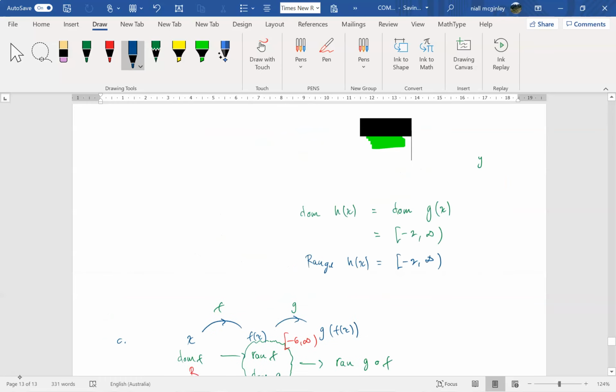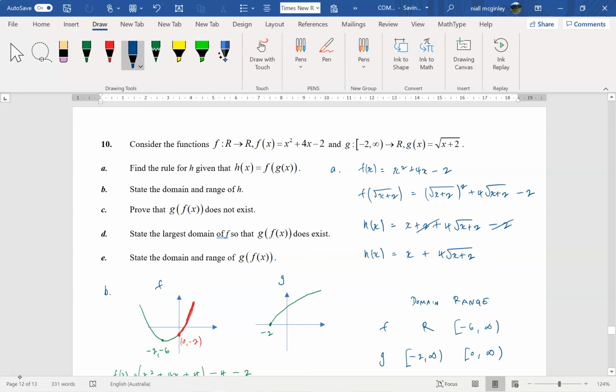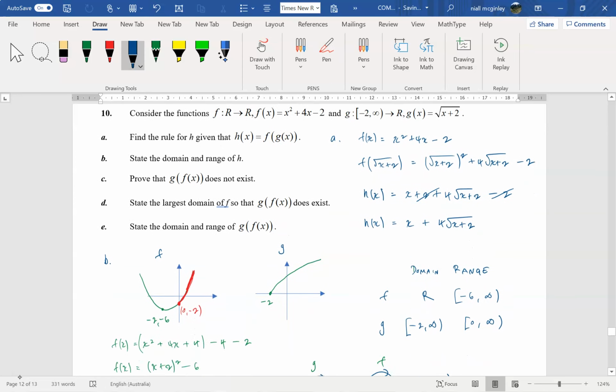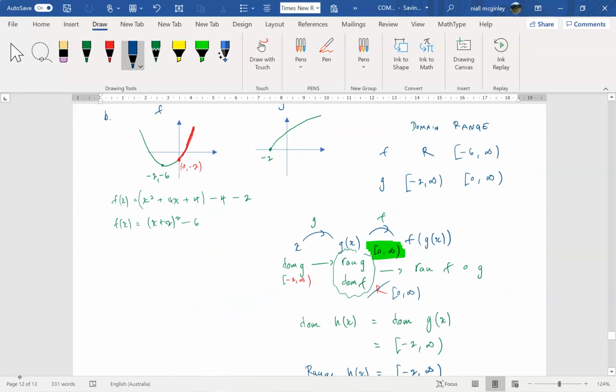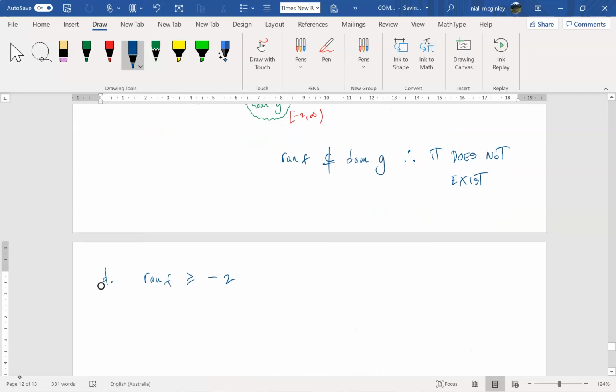So when we work out the range of f, we use the function f, which is x squared plus 4x minus 2. I'm going to use the factorized version, so it'll be easier to solve. We can say that (x plus 2) squared minus 6 must be greater than or equal to -2.